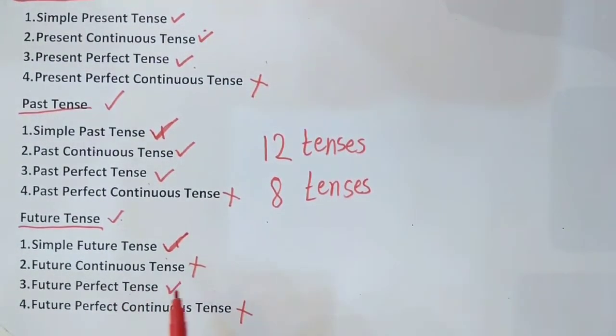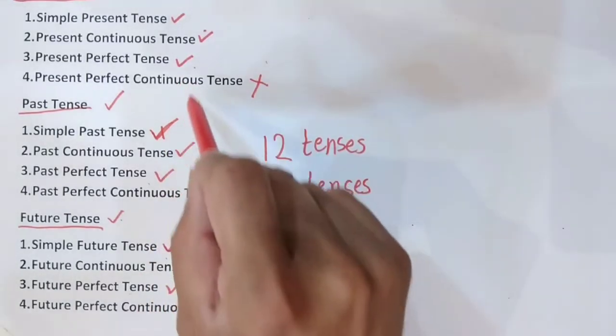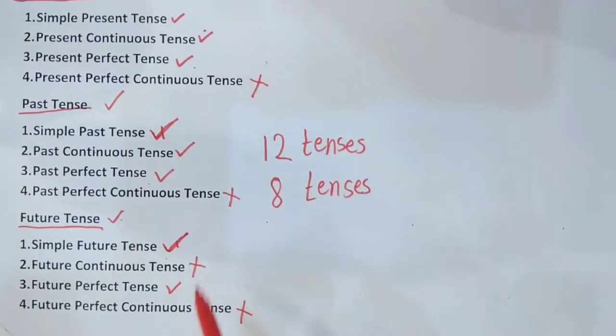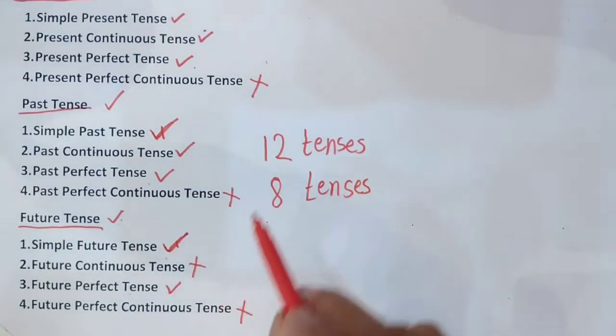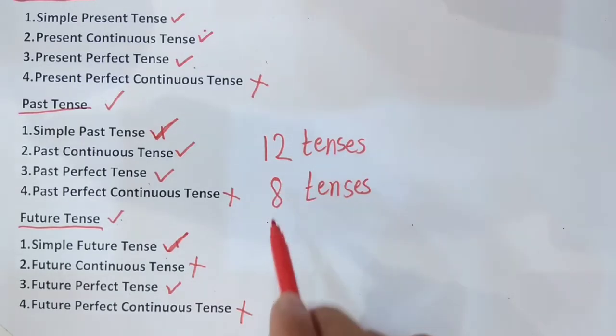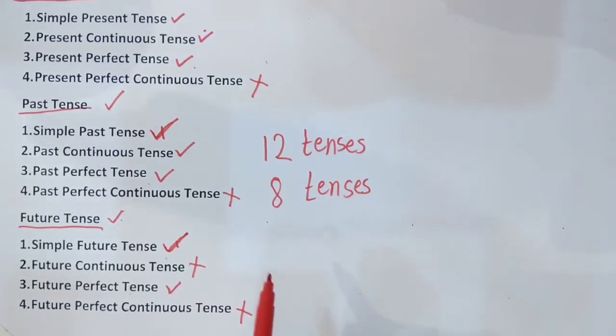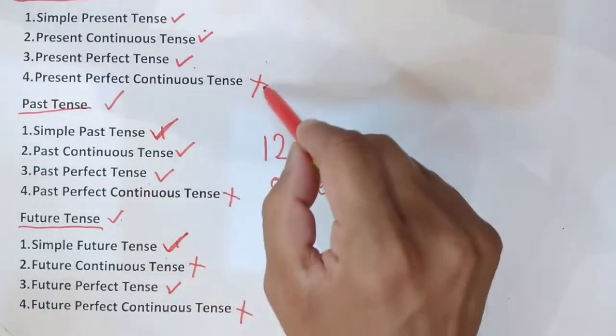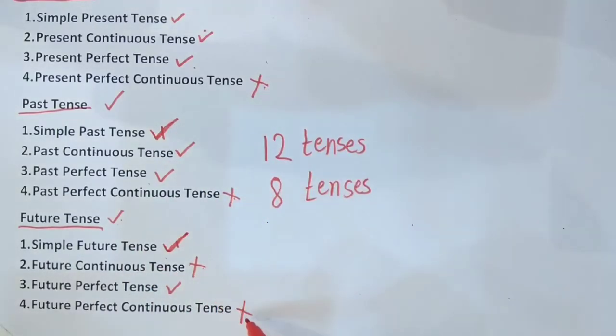So the sentences of these 4 subtypes of the tenses cannot be transformed from active voice into passive voice. And if we try to transform the sentences of active voice from these 4 tenses, it would seem to be ungrammatical in English language.